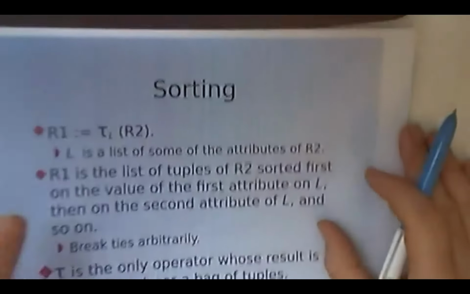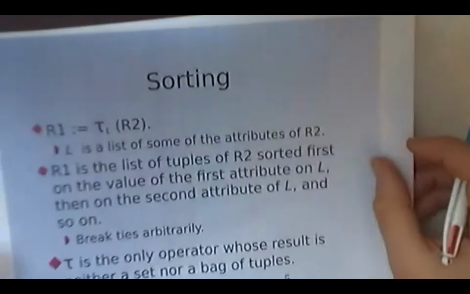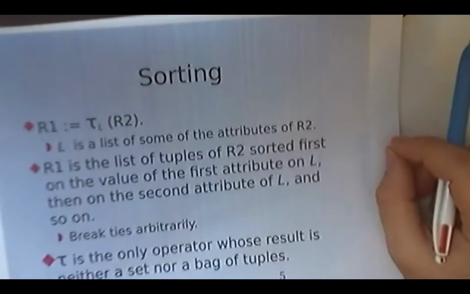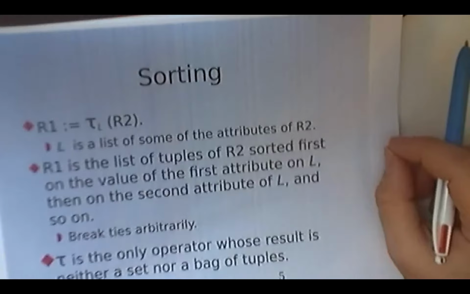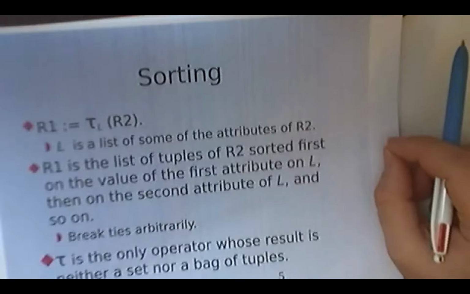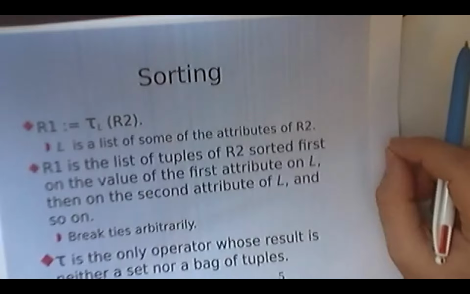Now sorting. Technically speaking, sorting does not return a relation. You shove in a relation and you get out something different, a sorted relation, so there's an ordering inside of it. That's the one that kind of violates the notion of staying relational algebraic. But what are we supposed to do?